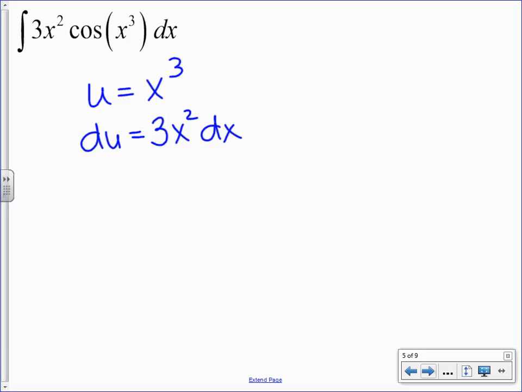Conveniently, we have 3x squared dx. So 3x squared dx becomes du, and cosine of x cubed becomes cosine of u. Cosine of u du, what is that antiderivative?